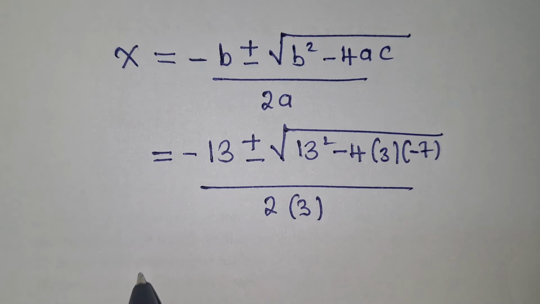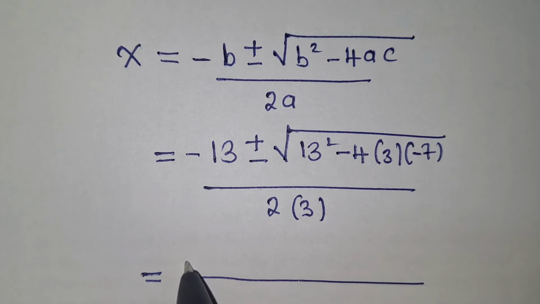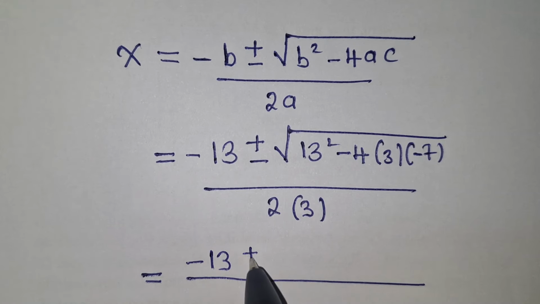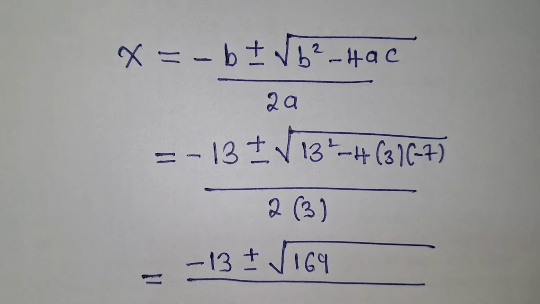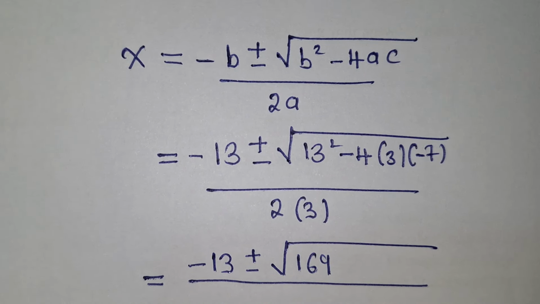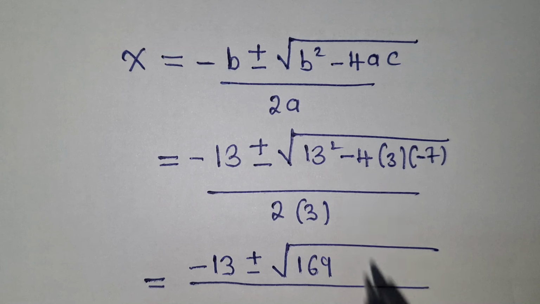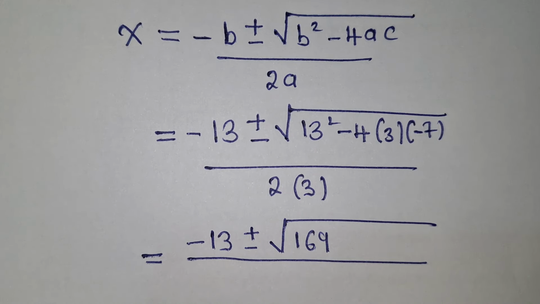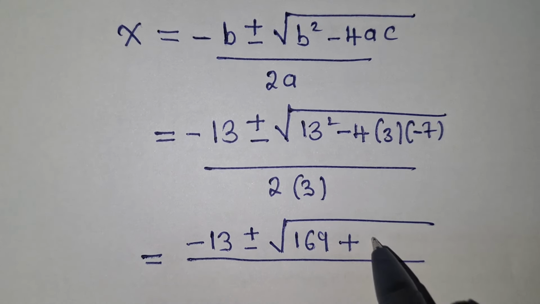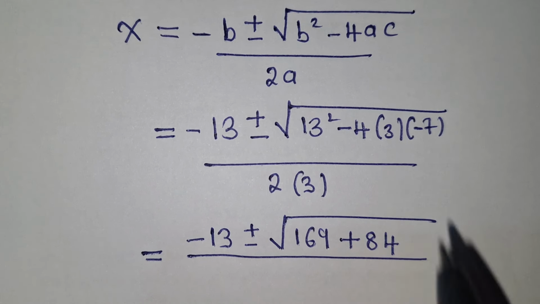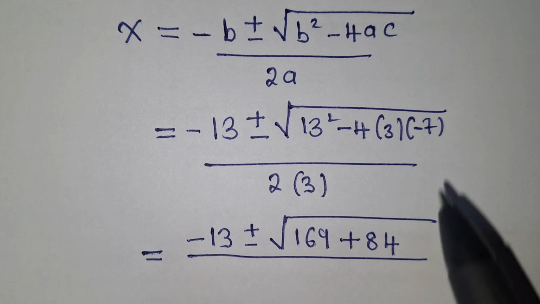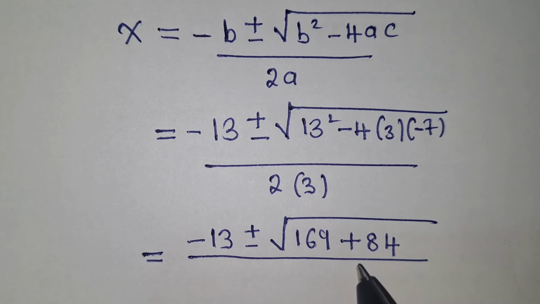So we can work out things or we simplify. We've got negative 13 plus or minus square root of 169. This is because when we say 13 times 13, because of this power 2, it will give us 169. For this other one, it will give us positive 84. When we say 4 times 3, we're getting, actually negative 4 times 3 is giving us negative 12, times negative 7, it's giving us a positive 84.